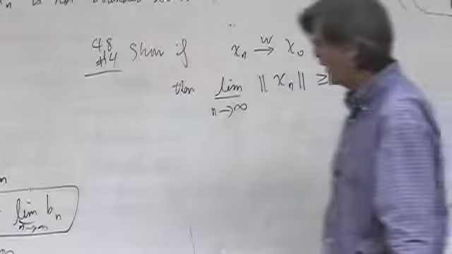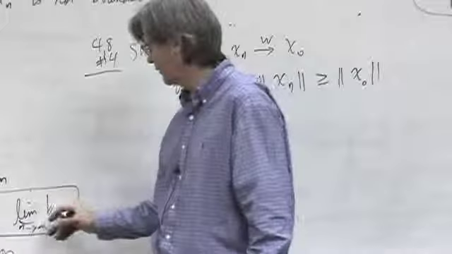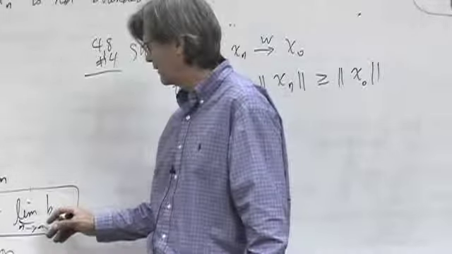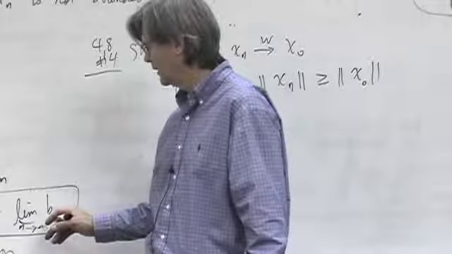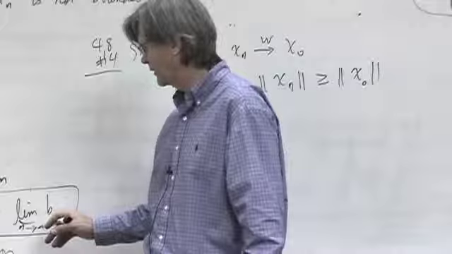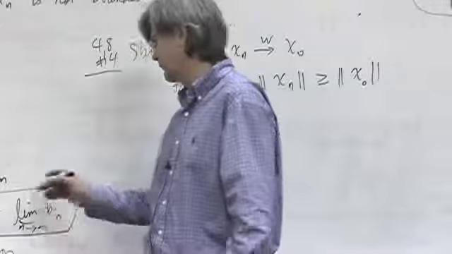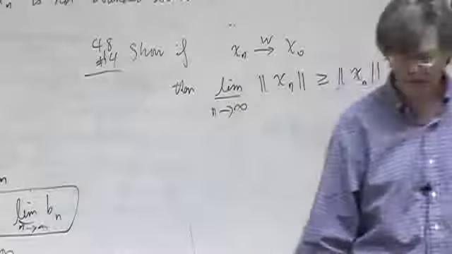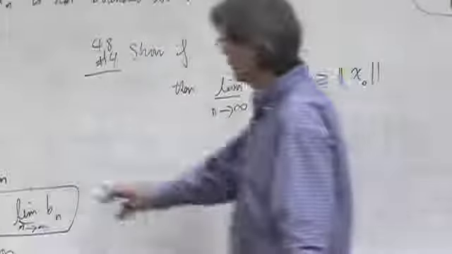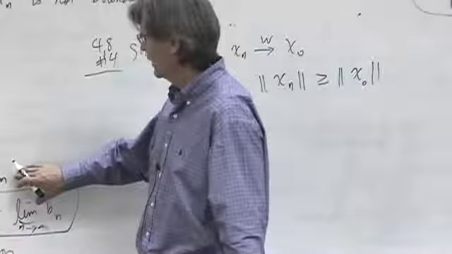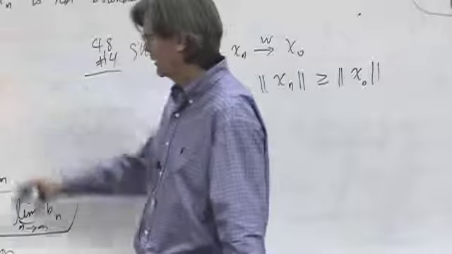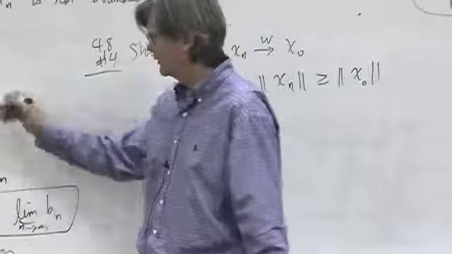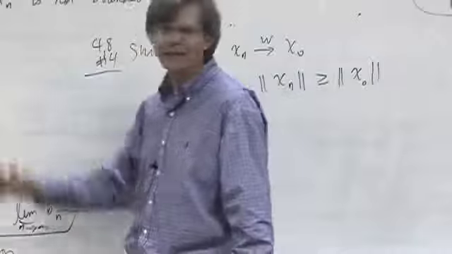If a_n was less than or equal to b_n, the limit is less than the limit here, and if a_n was greater than or equal to b_n, you'd also have the limit of a_n greater than or equal to the limit of b_n. You just get the natural inequalities, because that's just termwise. If this is termwise, then of course the infimum has to correspondingly be termwise, and you do eventually get these limits as limits.